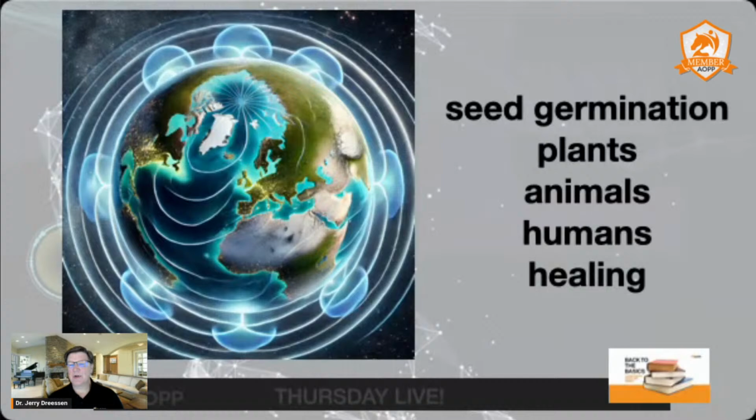We have this amazing field that was discovered and used initially for germinating seeds that became healthy plants. Then people started experimenting on animals and noticing that bones were healing faster and health was returning. Then it moved over to the human side, and they found all these different types of healings that were occurring.